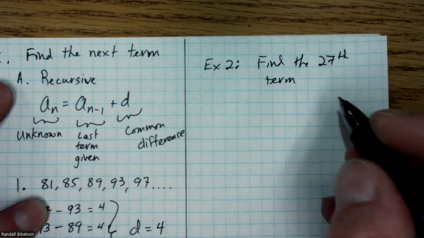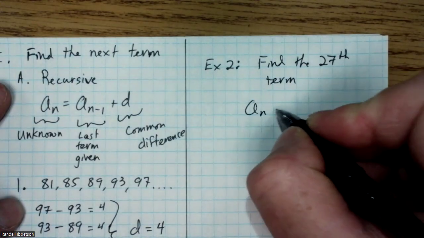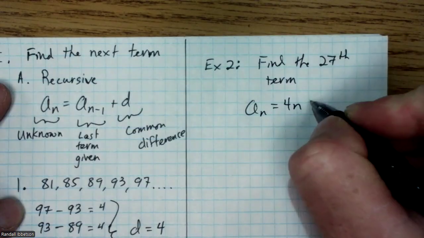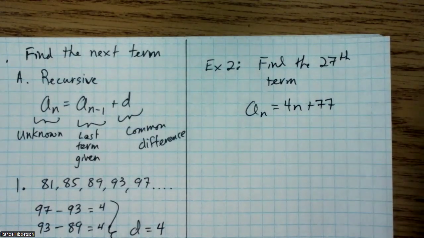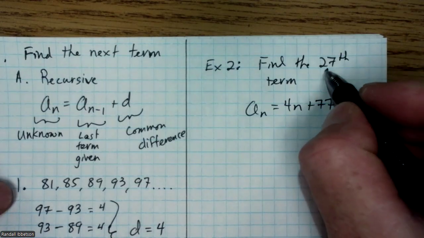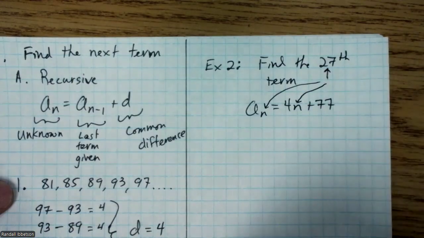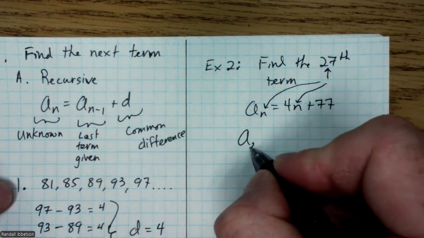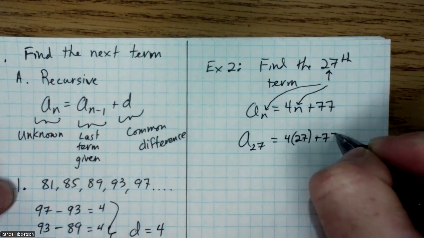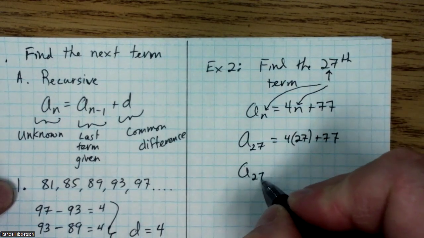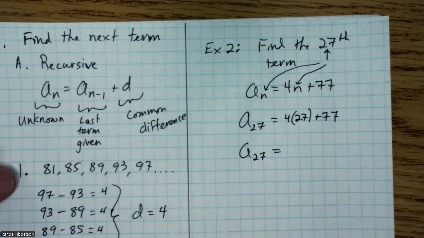I'm going to find the 27th term using the explicit formula I just created. The formula I created was a sub n equals 4 times n plus 77. So all I need to do now is know that I want the 27th term. That's what goes here for n. That's what goes here for n. So a sub 27 equals 4 times 27 plus 77. A sub 27 equals 27 times 4 plus 77.